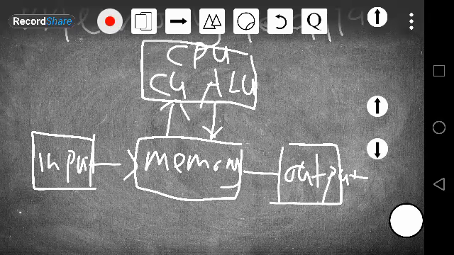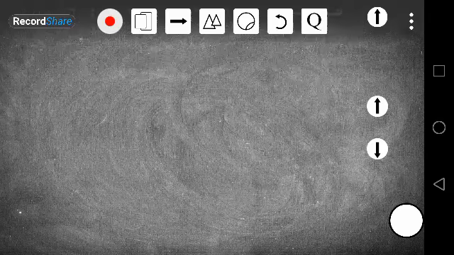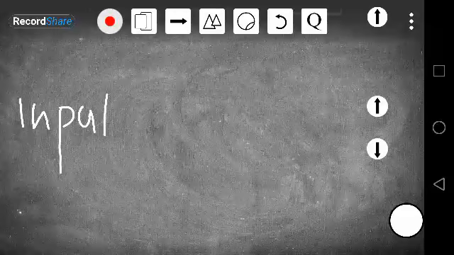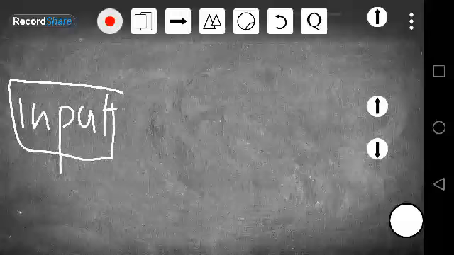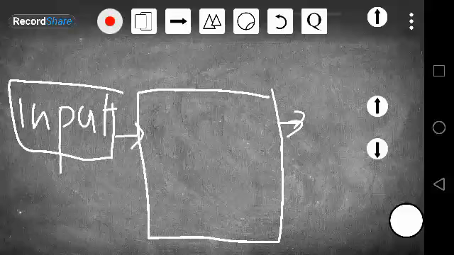Now the Harvard architecture, it's a bit different. It is when we have the input, then we have a larger block, and there we have the output.